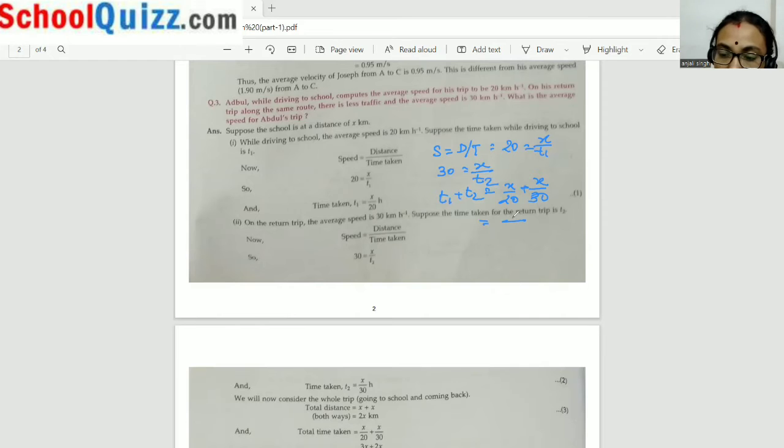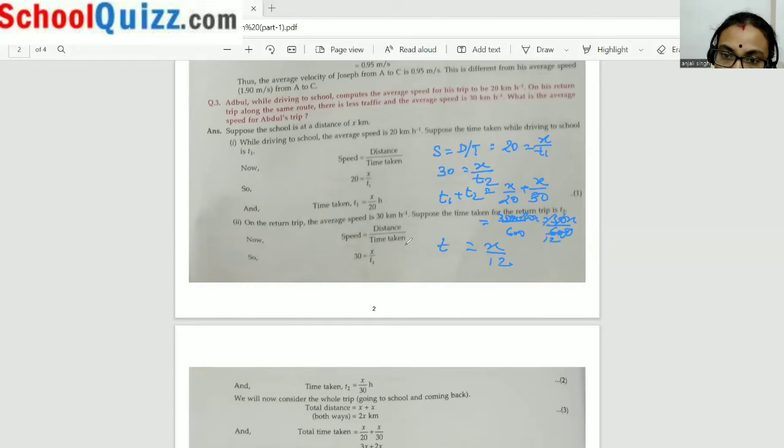After taking the LCM, this will be 3x plus 2x, that is 5x upon 60, which is x by 12.